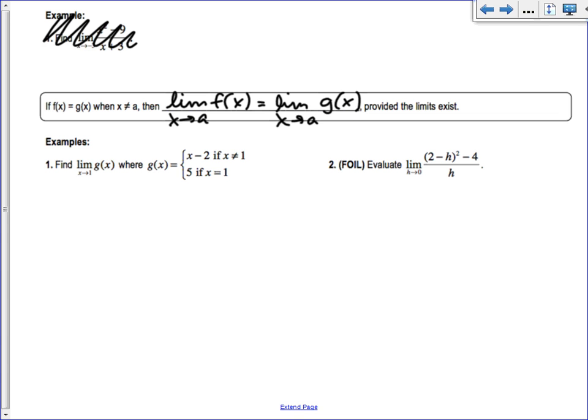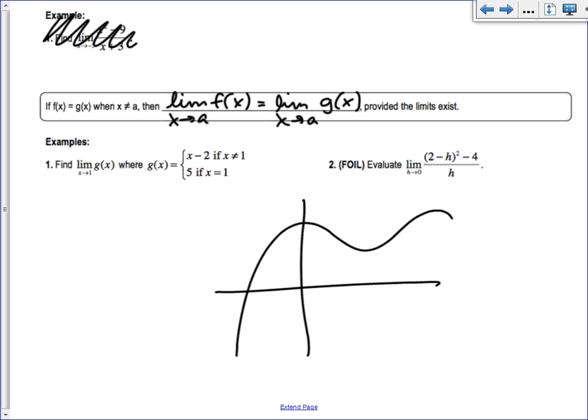Let's say I have some kind of curve and that's f of x, but at a on f of x is open. And then let's say g of x is the same thing, but maybe at a it's filled in. You guys have a limit to the same thing. The limits end up being the same, because as you're approaching a little neighborhood, it's still the same values.